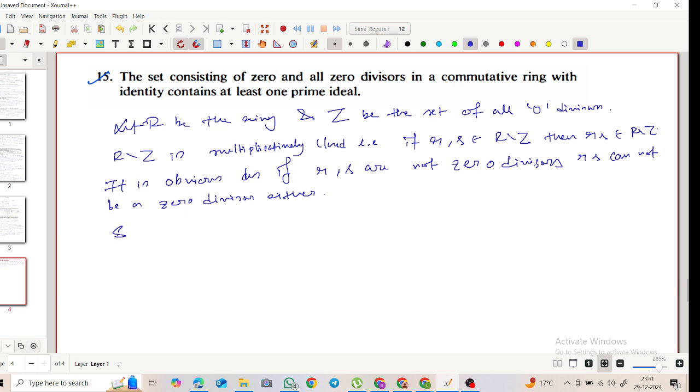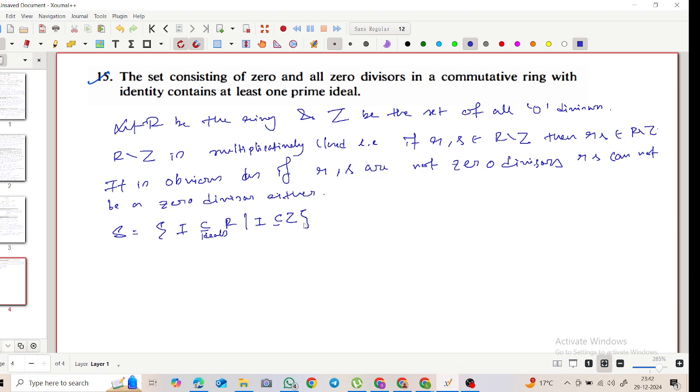Now take S. What is S? Set of all ideals I in R such that I is contained in Z. Okay.